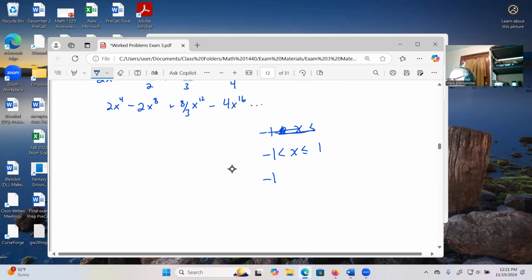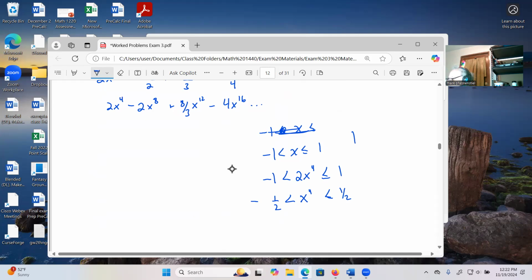So we need the absolute value of 2x to the fourth to be less than 1. First thing to do, divide everybody by 2. So it's 1 over 2. I'm going to put the negative sign out here because we're really dealing with the absolute value of something being less than or equal to a number.